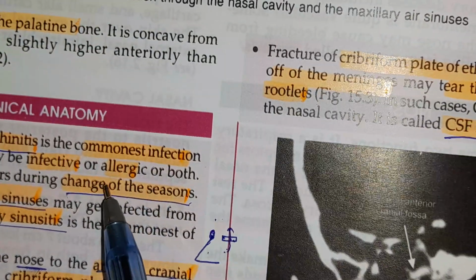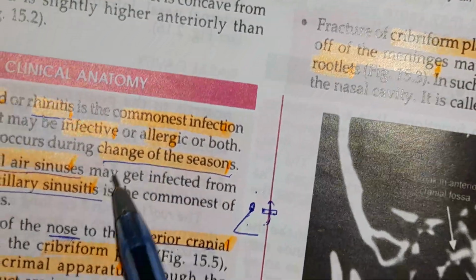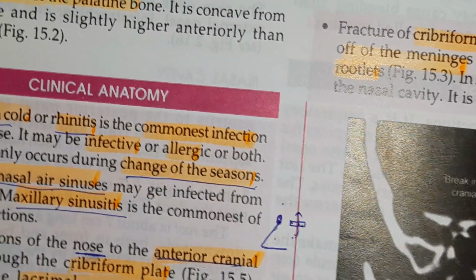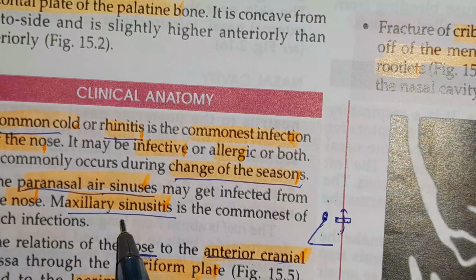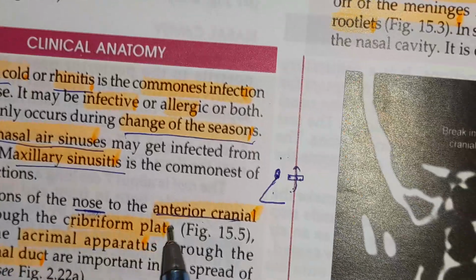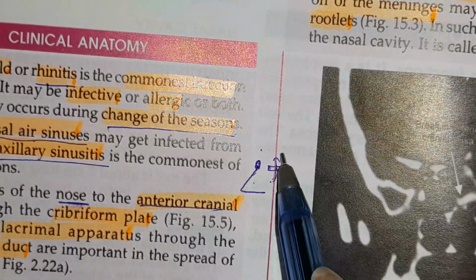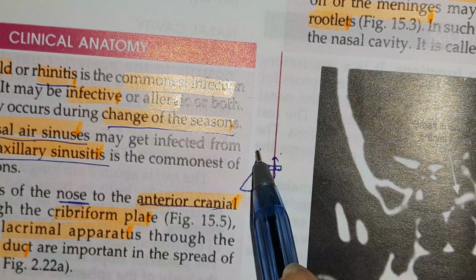So one thing we studied was rhinitis, which is known as common cold. Then we studied sinusitis, which is inflammation of the sinuses, the most common being maxillary sinusitis. Then we studied how the nose is connected to the anterior cranial fossa and to the lacrimal apparatus.